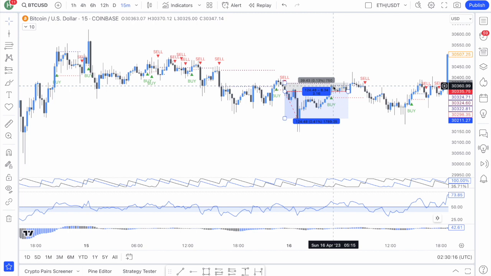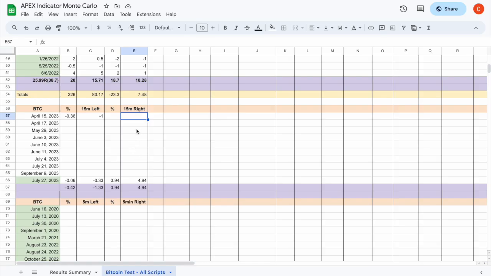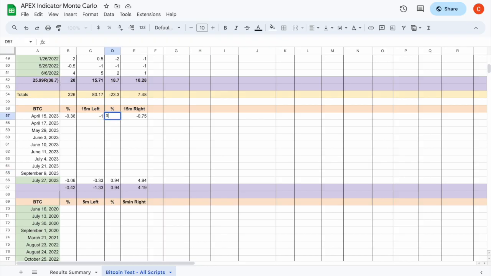So we'll do minus 7.5 at 13. So it would have been like 0.08, minus 0.08.